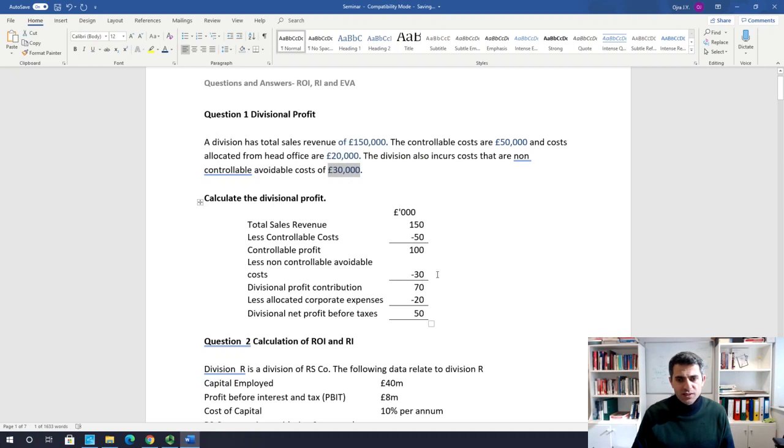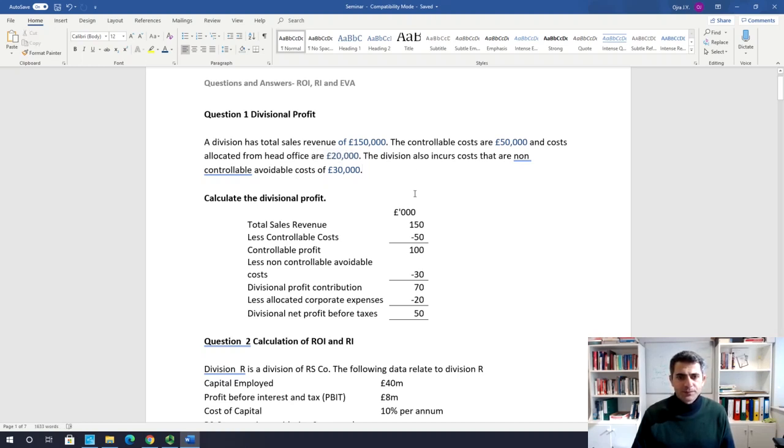That gives you 70, and of course at the end you need to deduct the 20, which is the head office charge, that comes to 50. Very simple.